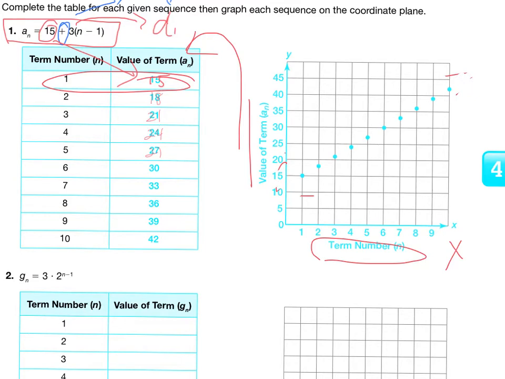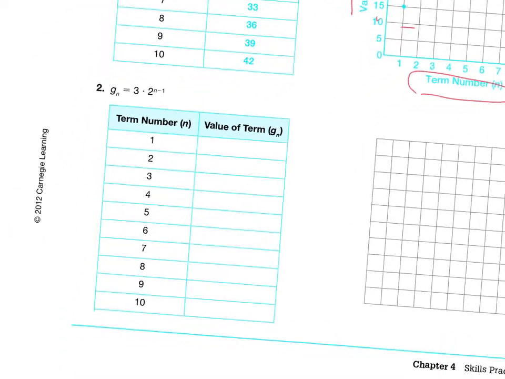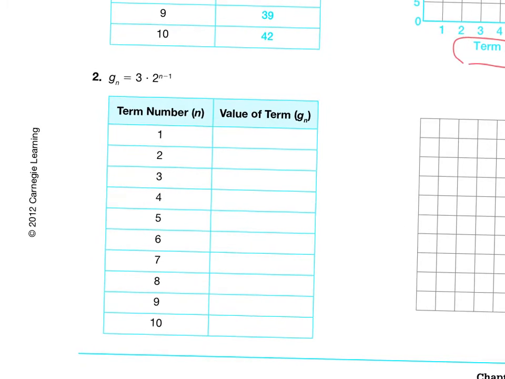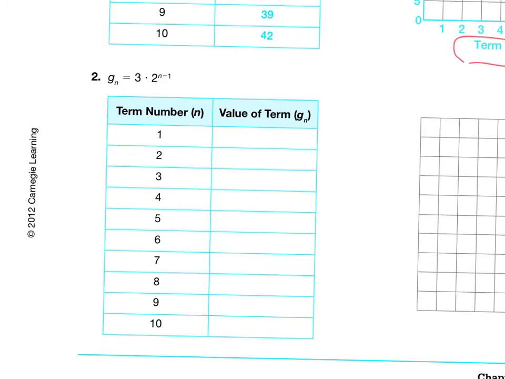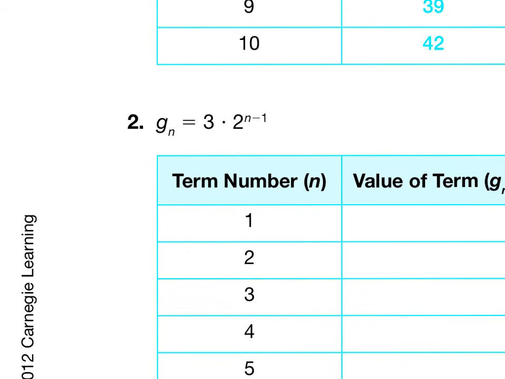All right, let's do one together down here. This one is geometric, and you can tell in a couple of different ways. One way is that this is multiplication right there, so that makes it geometric. This is the first term, 3. I'm going to call it FT, first term. And the multiplier, how much it's multiplying by, is this guy right there.